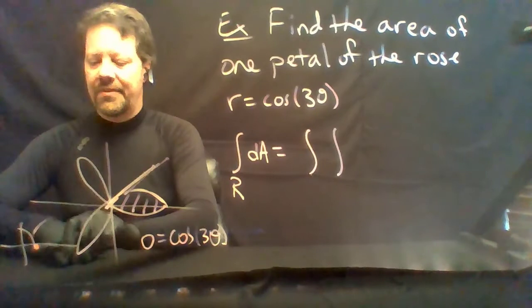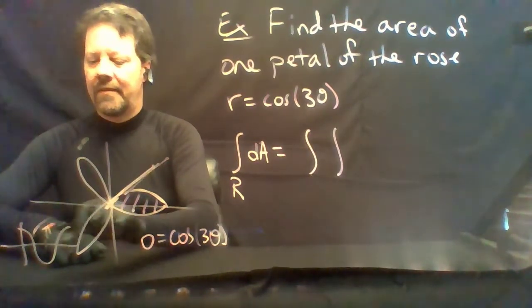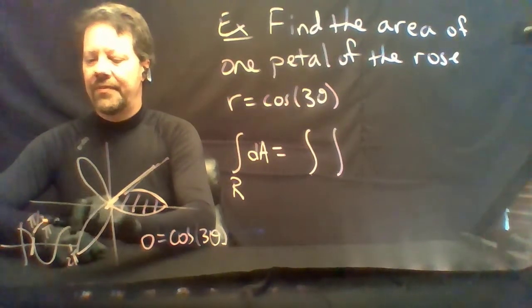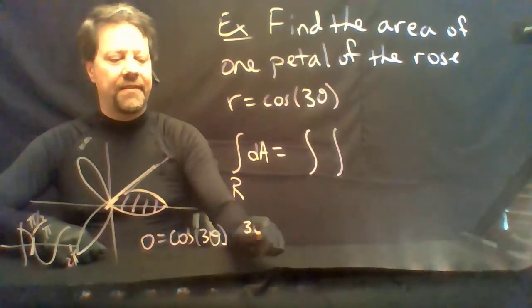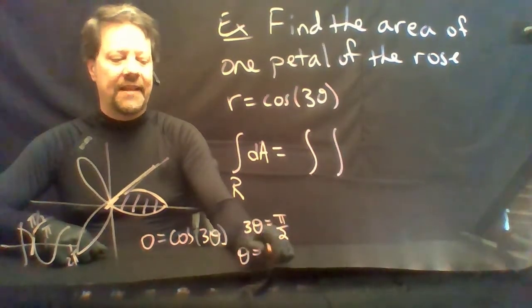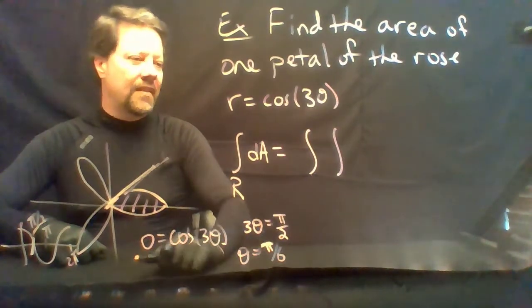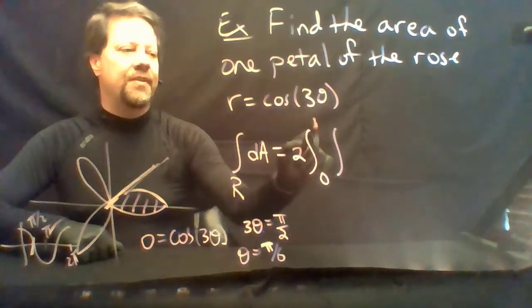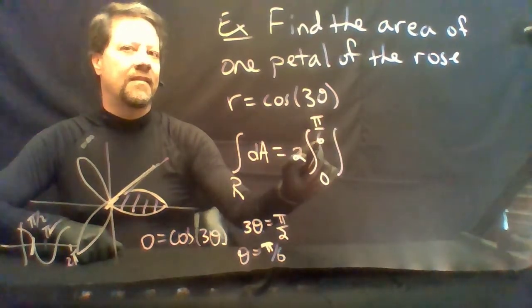Cosine goes through 0 first at pi over 2. We deduce that 3 theta is pi over 2, which gives us theta equals pi over 6. So we'll integrate twice as theta goes from 0 to pi over 6.